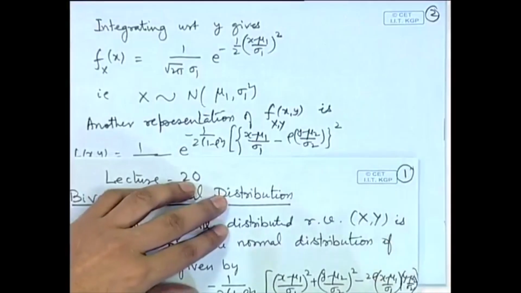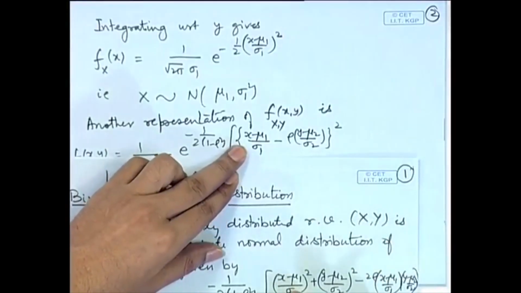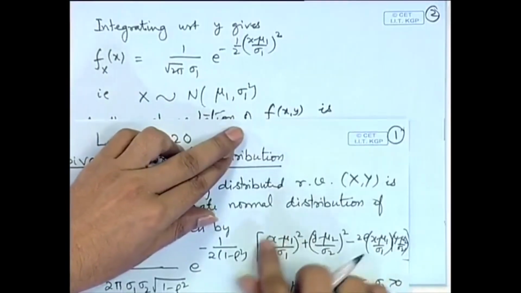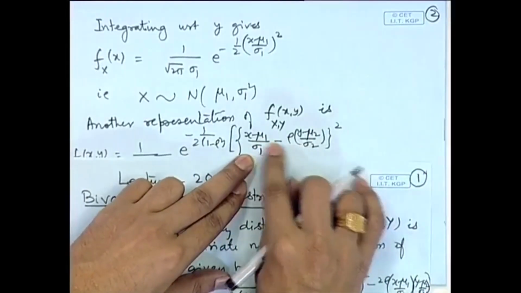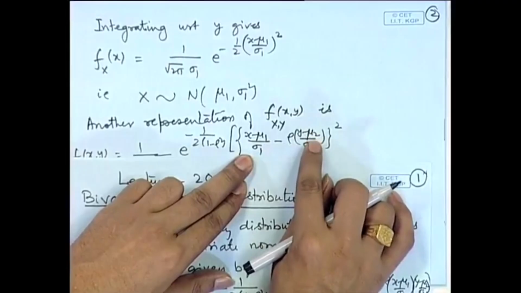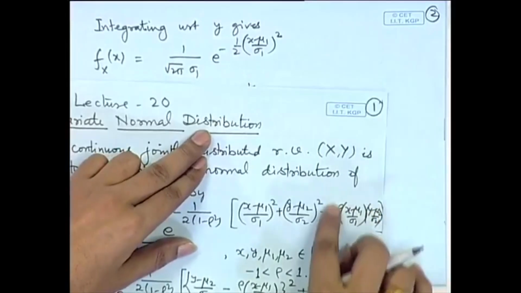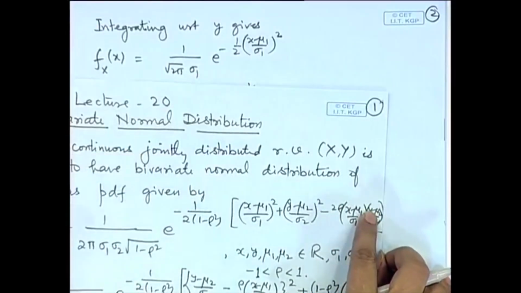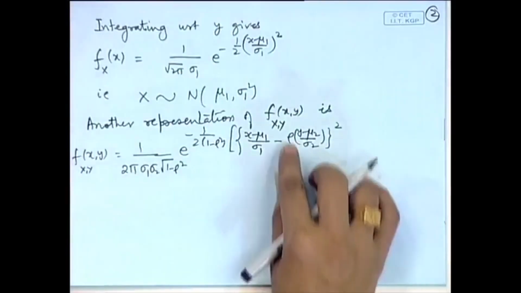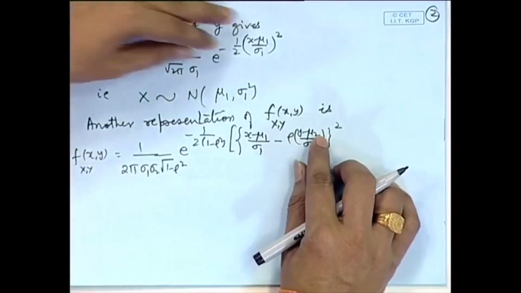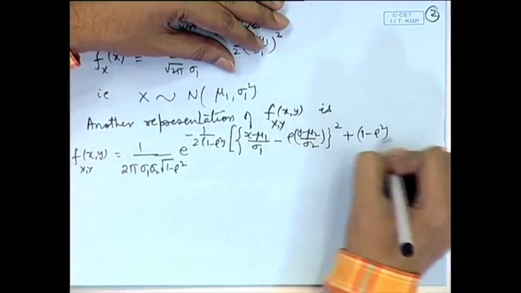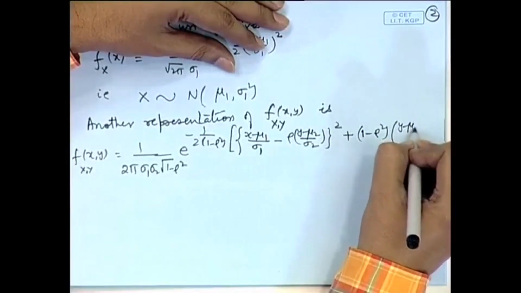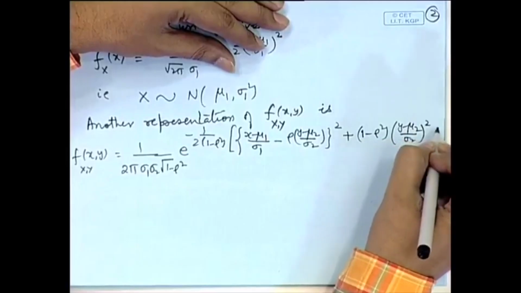Comparing with the joint density, we can see that ((x minus mu 1) by sigma 1) whole square is coming here, and the cross product term is minus 2 rho ((x minus mu 1) by sigma 1)((y minus mu 2) by sigma 2), which appears here. So, we have added the term rho square ((y minus mu 2) by sigma 2) square. Subtracting this, we get (1 minus rho square)((y minus mu 2) by sigma 2) whole square.